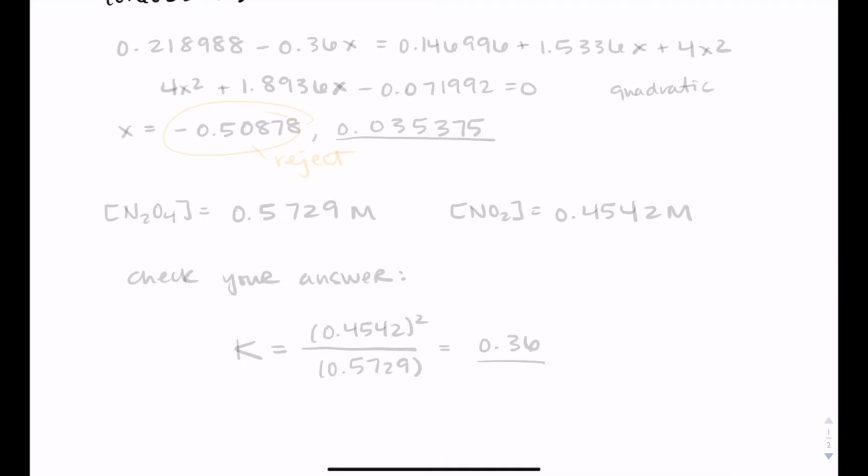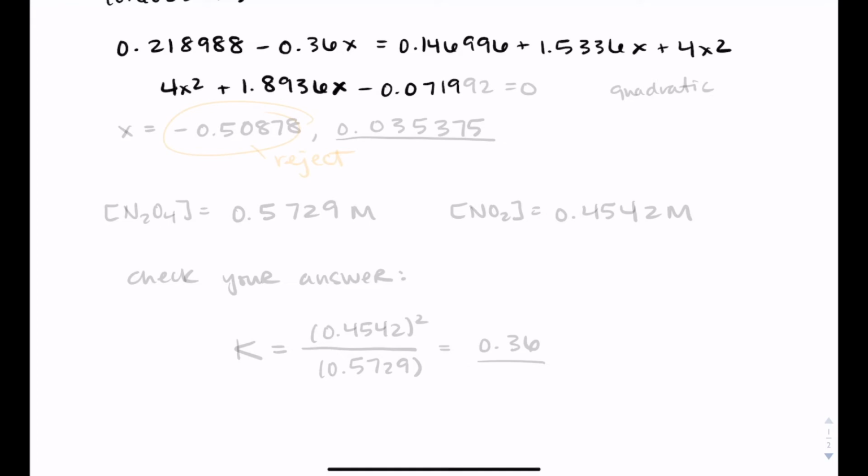What you should get in the first pass is 0.218988 minus 0.36x, my denominator cross multiplied with the 0.36, equal to 0.146996 plus 1.5336x plus 4x squared, which you can rearrange to set equal to 0 and then use the quadratic formula.